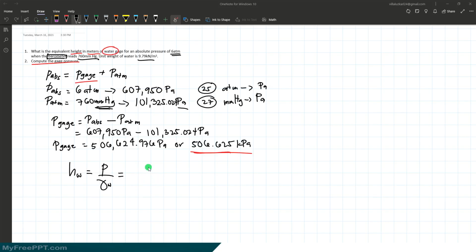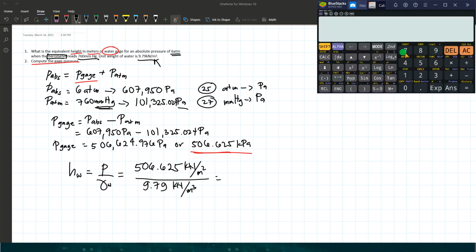So pressure is 506.625 kilopascal or kilonewtons per square meter, to be divided by the unit weight of water. The unit weight of water given in this problem is 9.79 kilonewtons per cubic meter. So we will use that. So divide the two: 506.625 divided by 9.79.